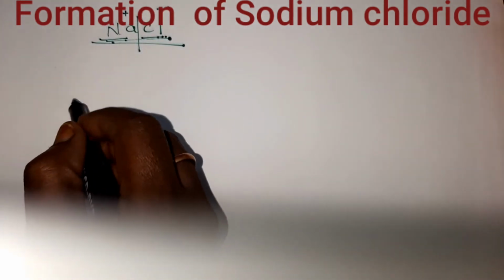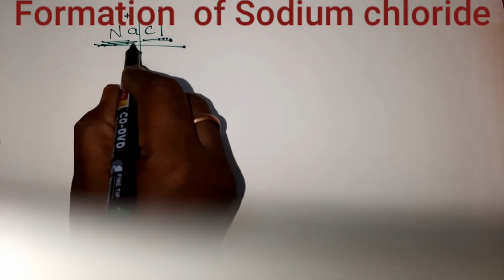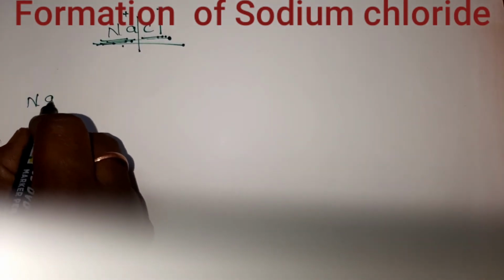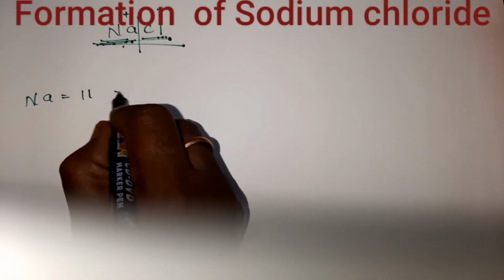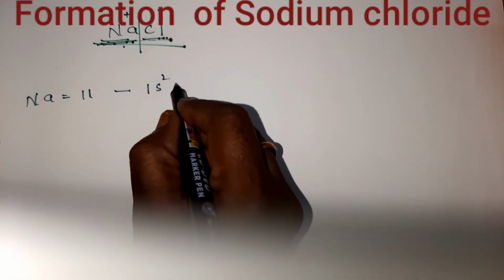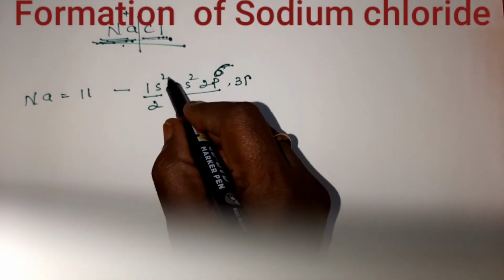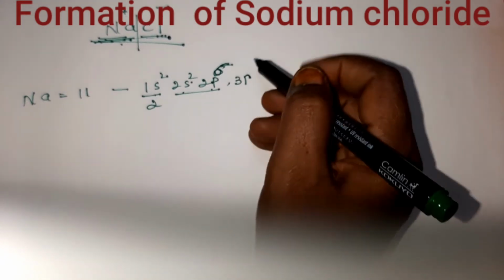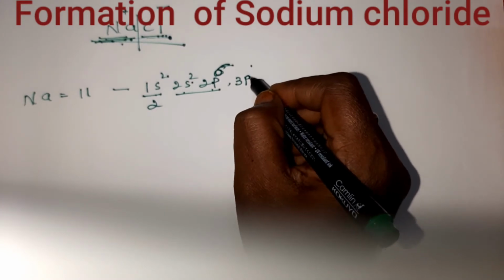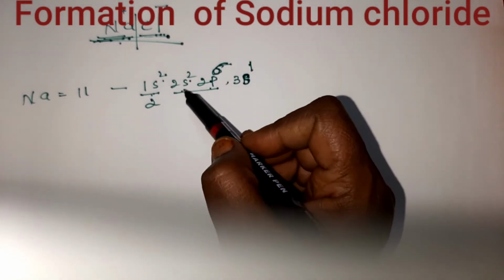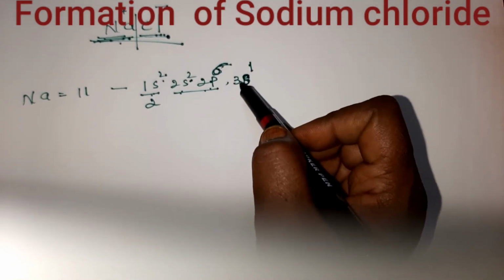So here metals, I told you, metals lose electrons. So if you take sodium, atomic number is 11, children. So how do you write the electronic configuration? 1s2, 2s2, 2p6, 3s1. Clear, children?